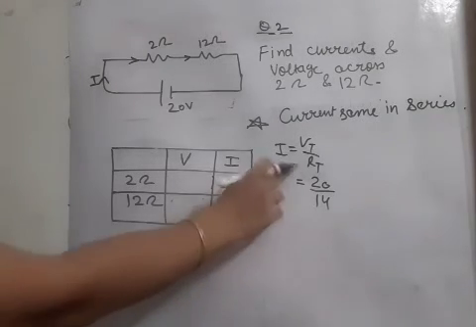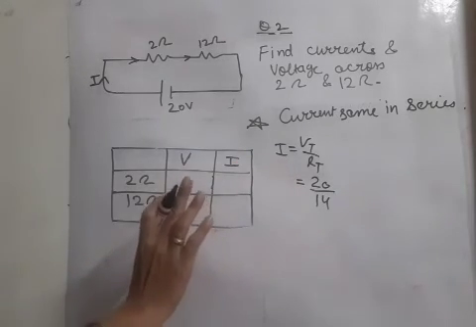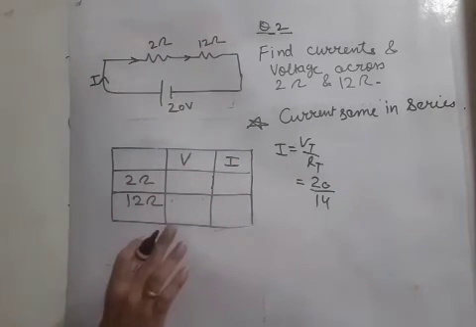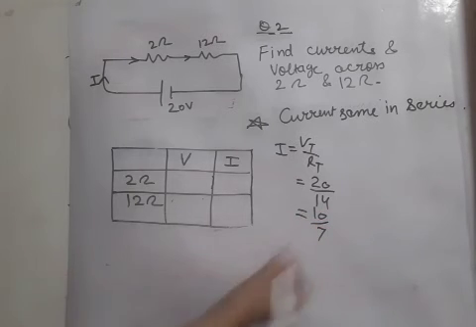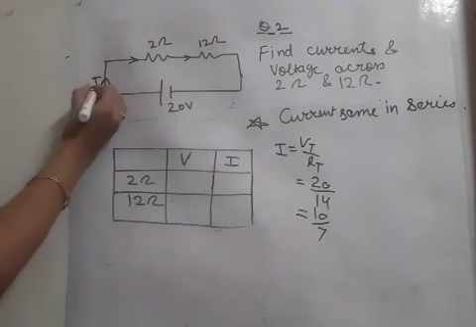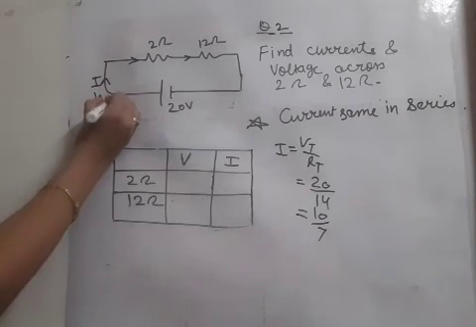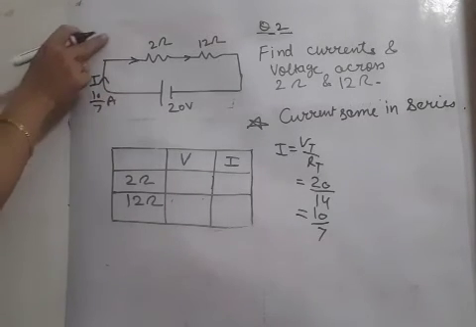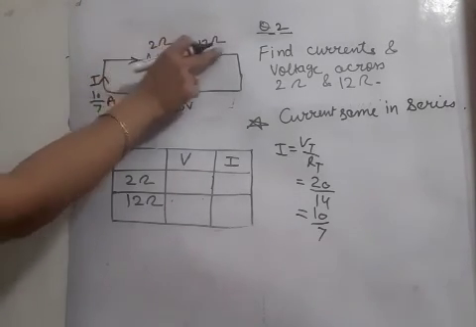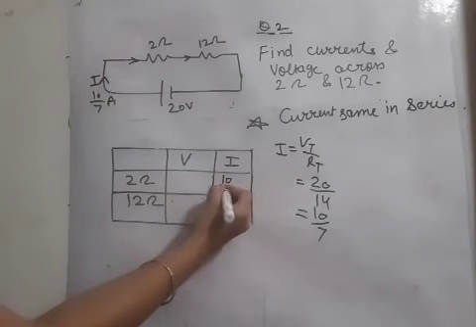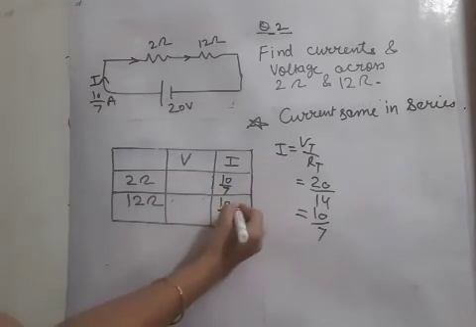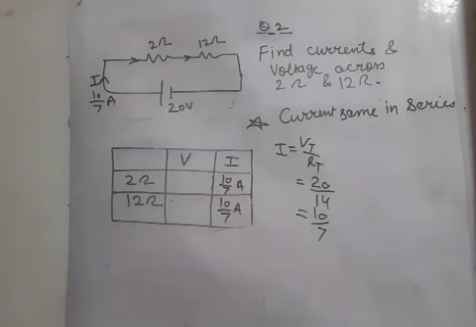Now this total is only done for current calculation; otherwise they are individual resistances. So we have got the total current as 10 by 7 ampere. This total current of 10 by 7 ampere flows through the first resistor also and the second resistor also. So we can write here that the current for both the resistances is the same, 10 by 7 ampere.